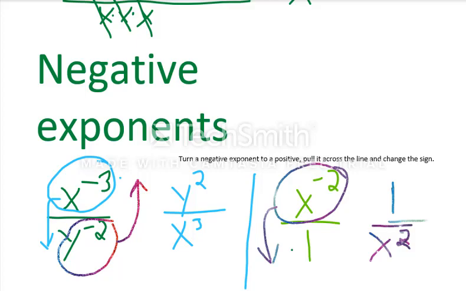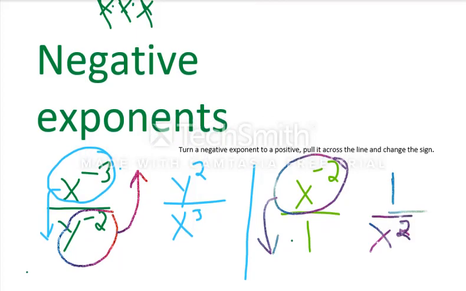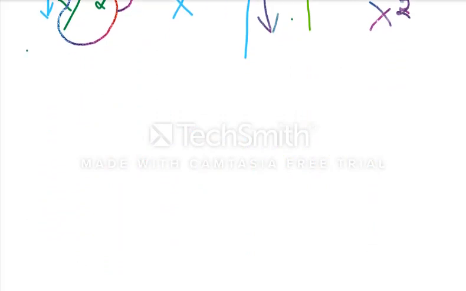And our third rule for today is when we have the 0 power. All right.